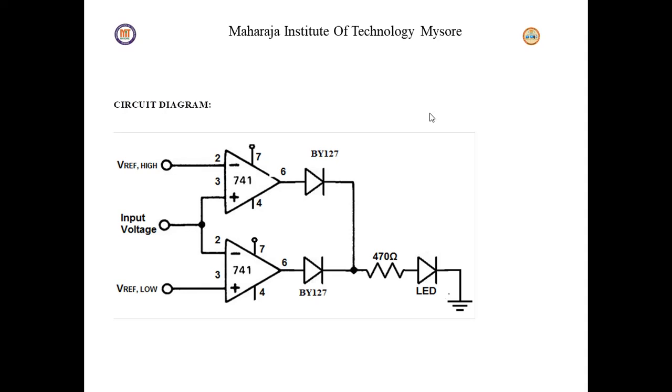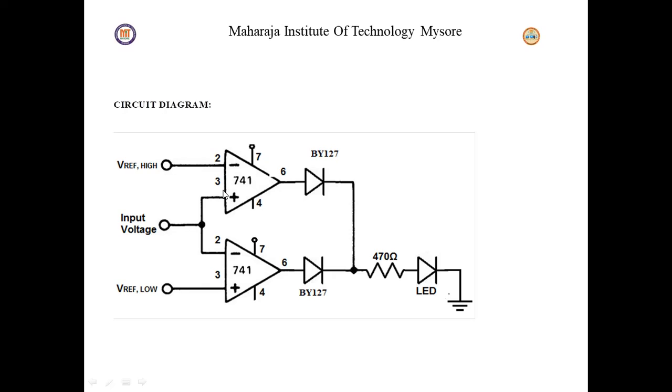Now we will see the circuit diagram of this window comparator. For this we are using two 741 op-amps. The first op-amp's inverting terminal is connected to UTP, the higher reference voltage or upper threshold point. The non-inverting terminal of the second op-amp is connected to the lower reference voltage, that is your lower threshold point.